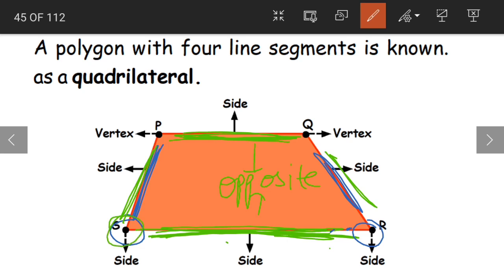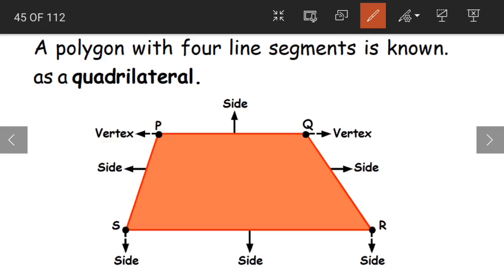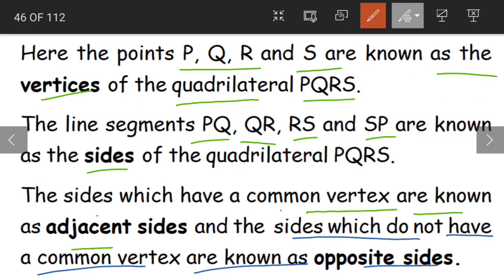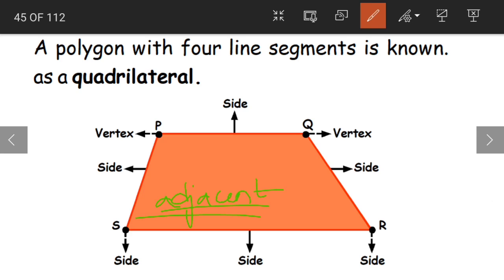Now when two sides of a quadrilateral do not share a vertex, they are called opposite sides. When they share a vertex, what are they called, children? They are called adjacent sides. Adjacent sides. And even in common English, adjacent is nothing but the one which is to the side, to the right or to the left.